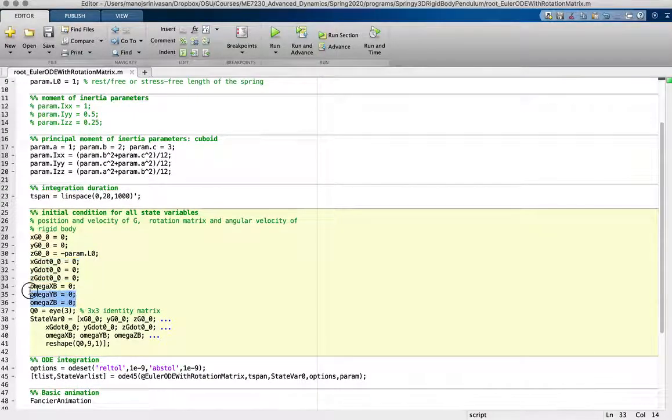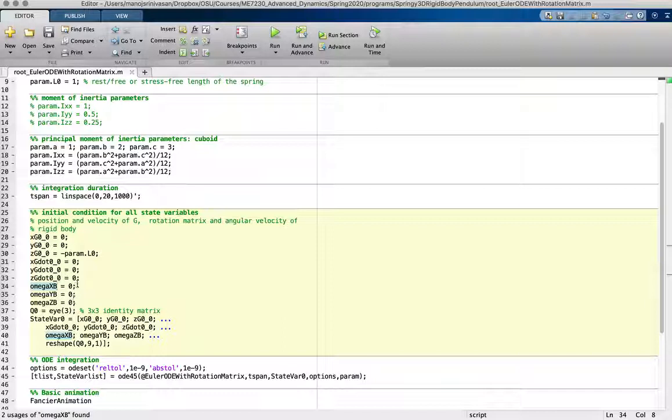This is the angular velocity of the rigid body as a whole, represented in the body frame. That's why it's b at time t equal to 0. I've skipped the "with respect to 0" here. But in any case, we've just defined the initial angular velocity to be all 0, just for simplicity.